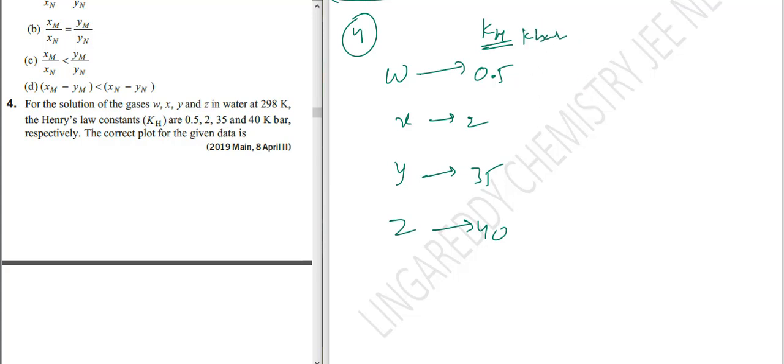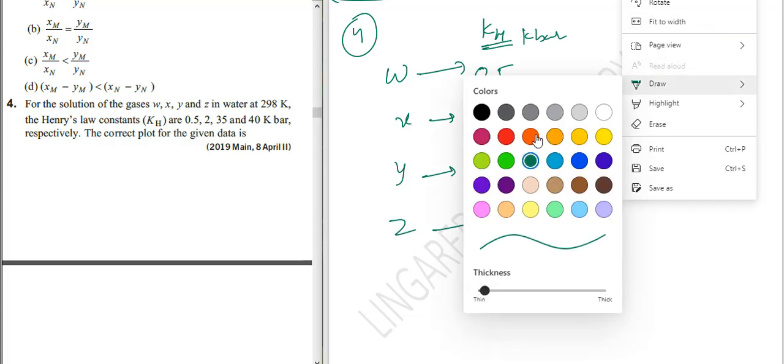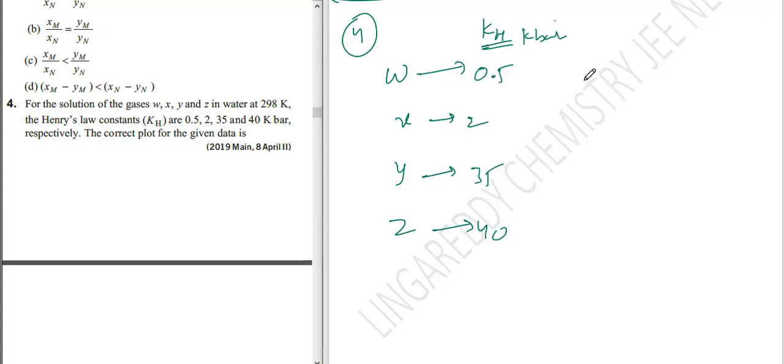We know what Henry's law is: P equals Kh into X gas. If P is constant and Kh is increasing, X will decrease. So for the substance whose Kh is more, its X value will be less.